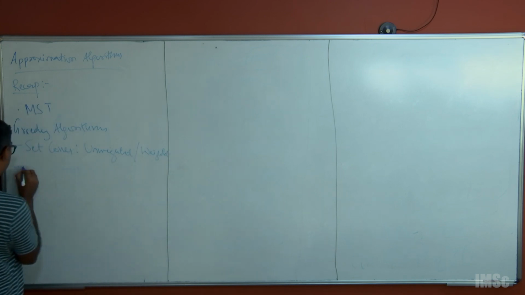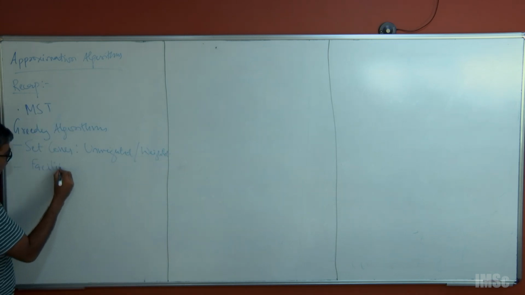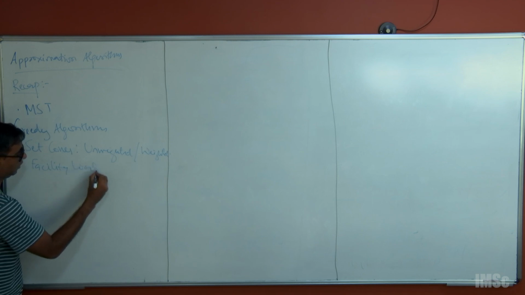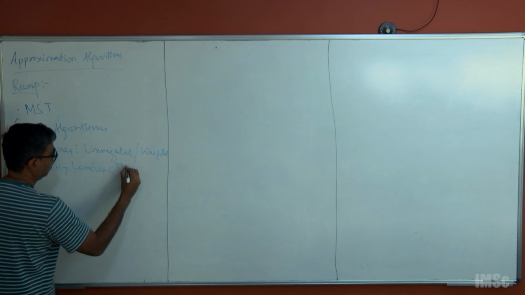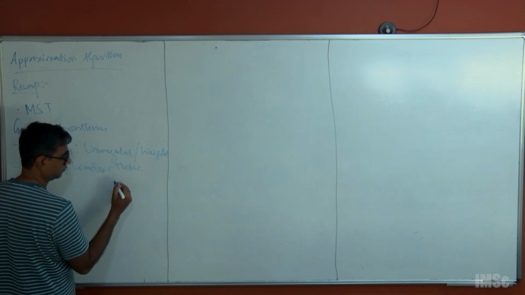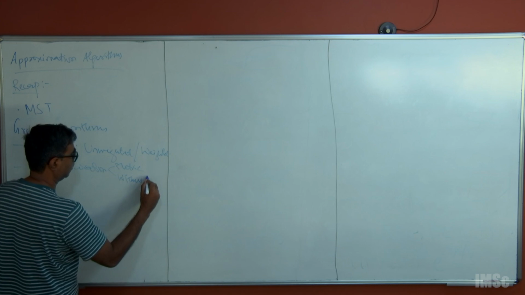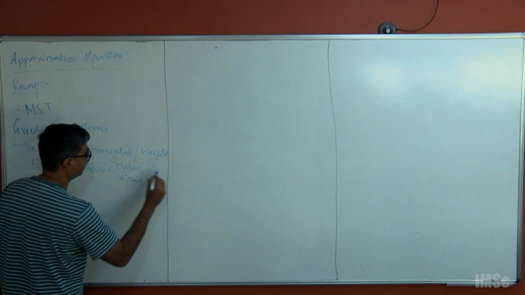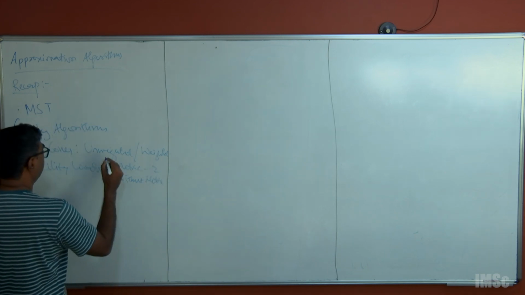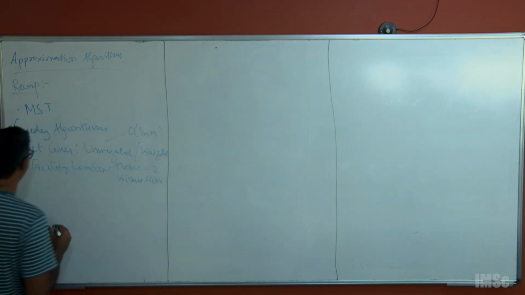Then we saw facility location, both metric as well as without metric. Here we saw factor 2 approximation, and here we saw order ln n approximation.